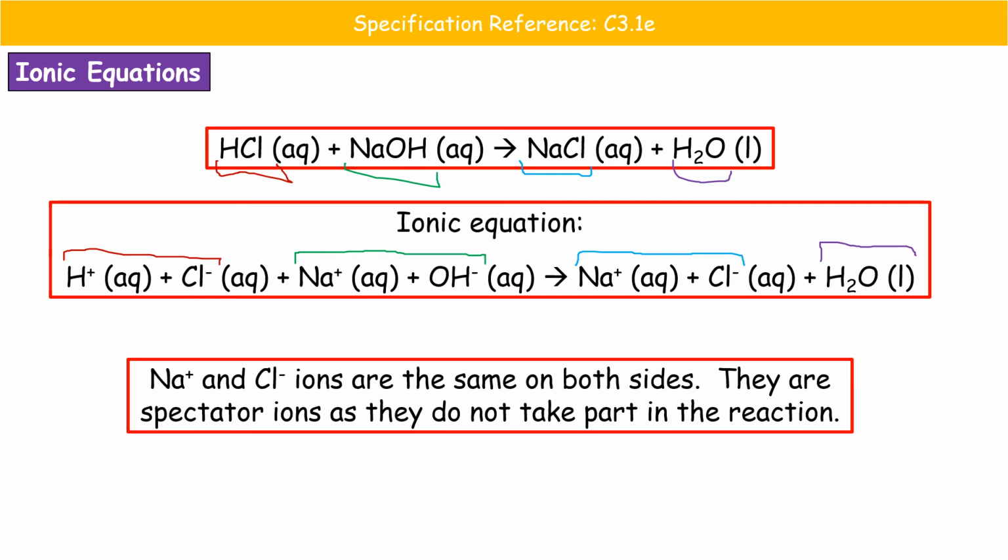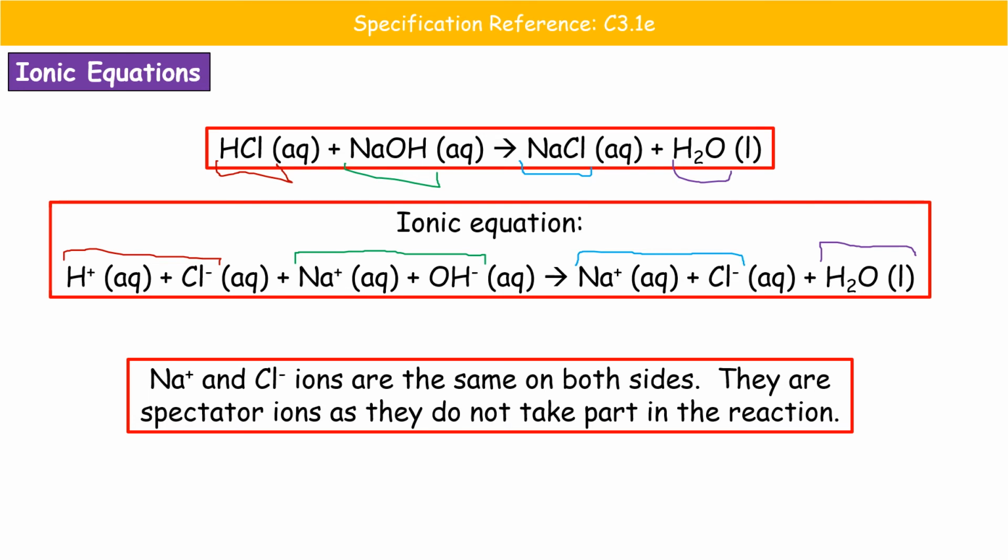What we then do is we need to identify things called spectator ions. Now, spectator ions are ones that basically stay the same. So once you've written out your full ionic equation, you'll identify them because they are exactly the same on the left as the right. So if we look at this, we can see that we start off with H+ on the left, but we don't have H+ on the right, not a spectator.